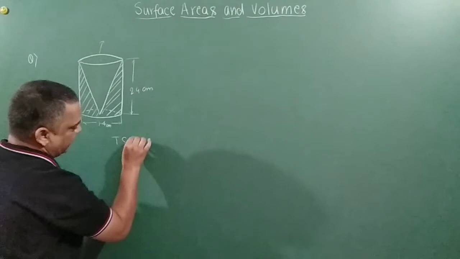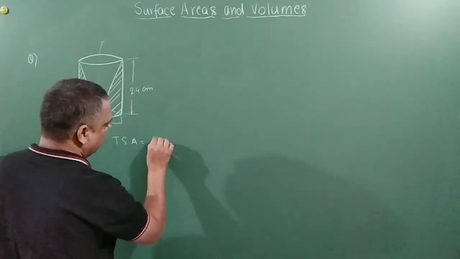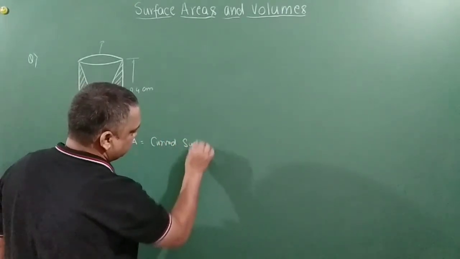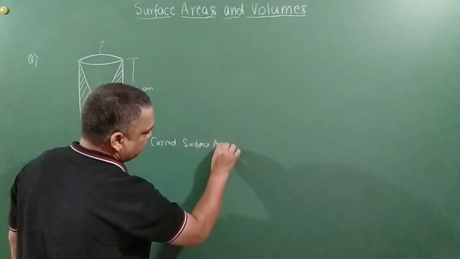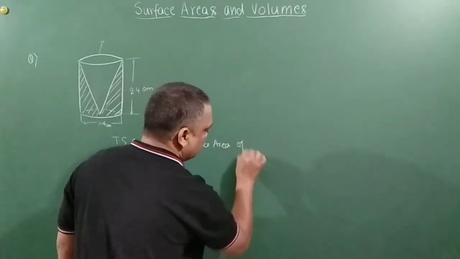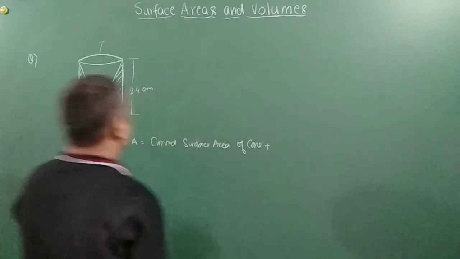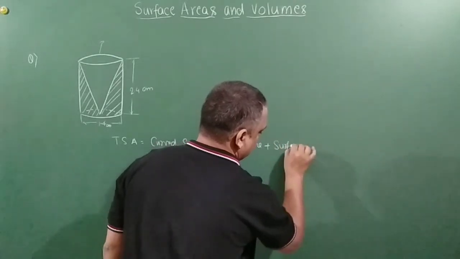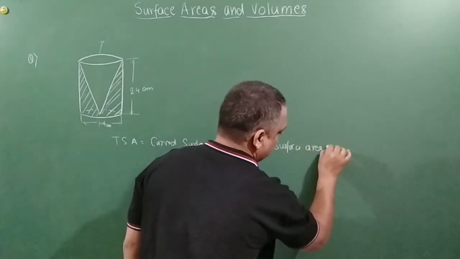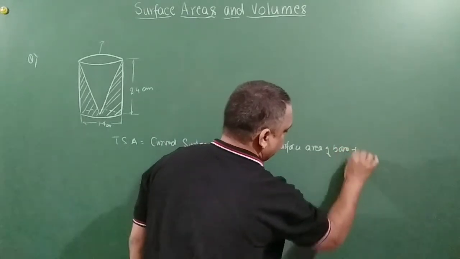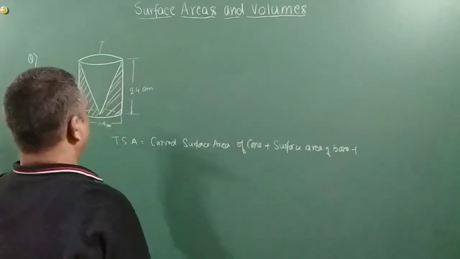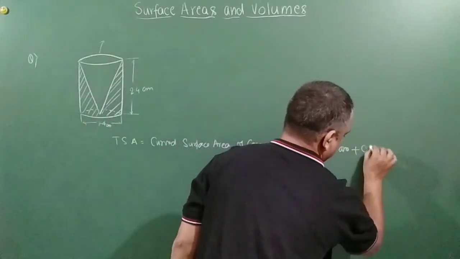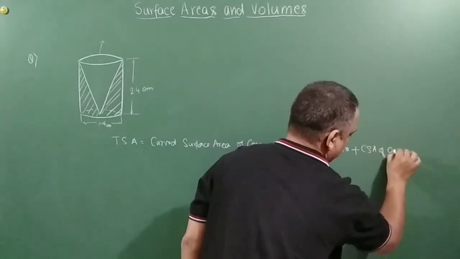Total surface area will be equal to curved surface area of cone plus surface area of the base plus curved surface area of the cylinder, CSA of cylinder.